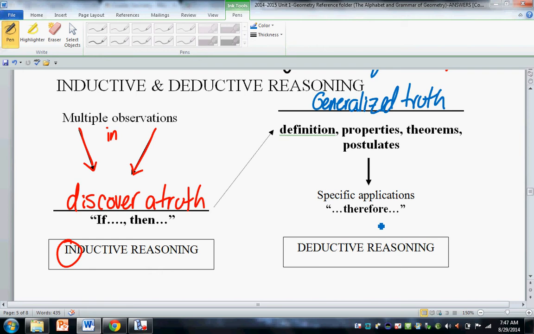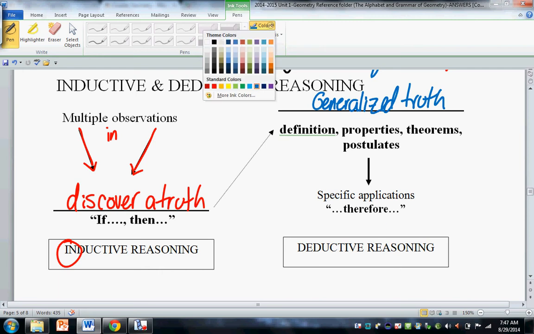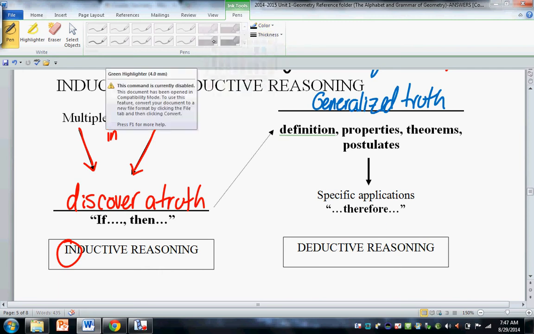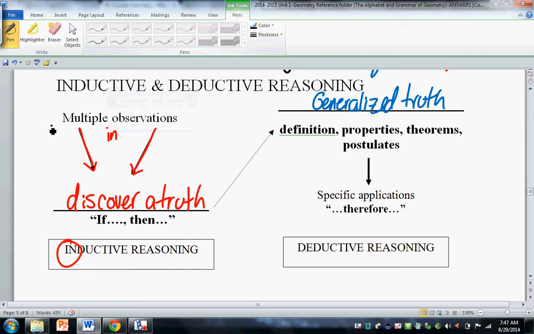Let me give you a math example. Long time ago, the Greek mathematician Euclid measured the angles in a triangle. Thousands and thousands of them, all different kinds of triangles.